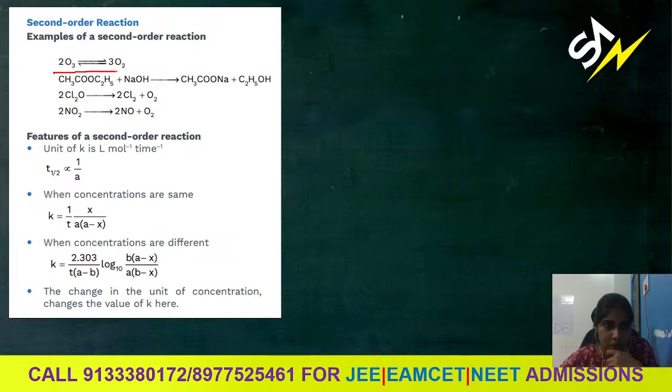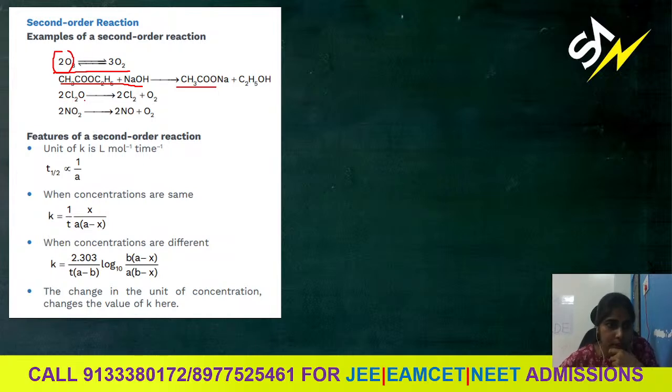For example, 2 moles of O3 gives rise to 3 moles of O2. Here there are 2 moles of O3. And here CH3COOC2H5 and NaOH give CH3COONa plus C2H5OH, and this is also a second order reaction because it depends on the concentration of these two reactants.